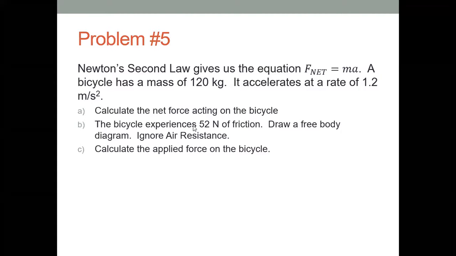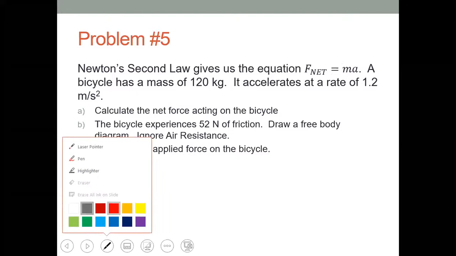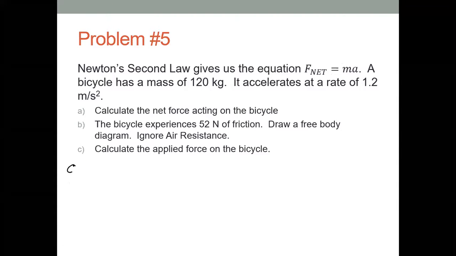All right, so you've seen this equation F net equals ma before. So this first part, we're just going to use that equation, F net equals ma, and solve for the net force.